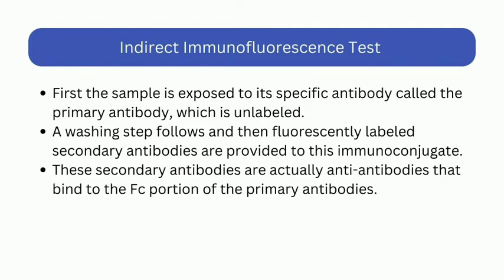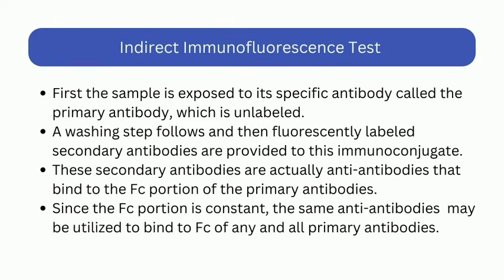These secondary antibodies are actually anti-antibodies that bind to the Fc portion of the primary antibodies. Since the Fc portion is constant, the same anti-antibodies may be utilized to bind to the Fc of any and all primary antibodies, so the same secondary antibodies can be used in so many assays.